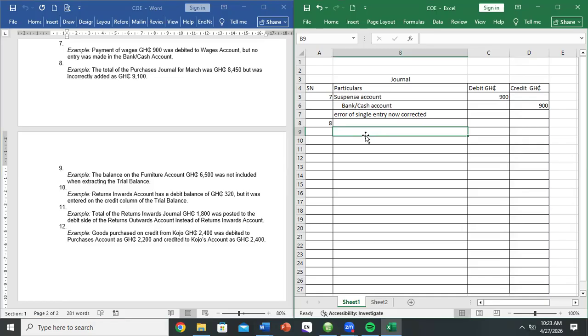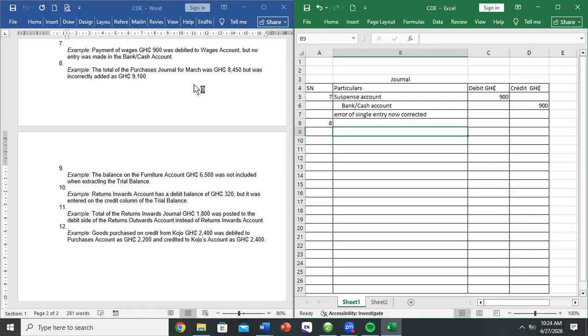The total of the purchases journal for March was 8,450 cedis, but was incorrectly added as 9,100 cedis. Okay, thank you very much. So the total of the purchases journal for March was 8,450, but was incorrectly added as 9,100.